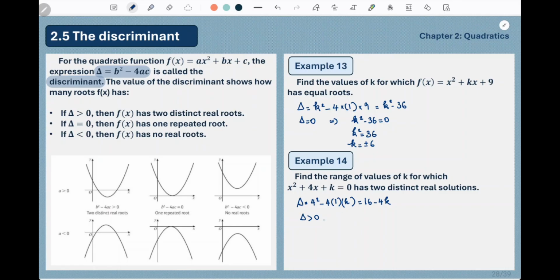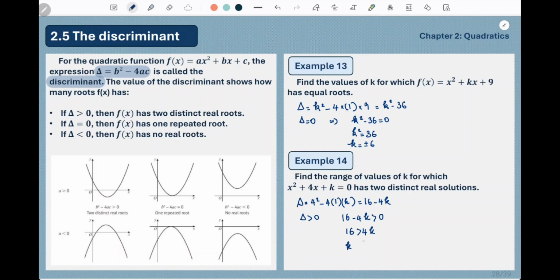We call this sign over here delta. So 16 minus 4k is more than 0. If we solve this inequality, we have 16 more than 4k.